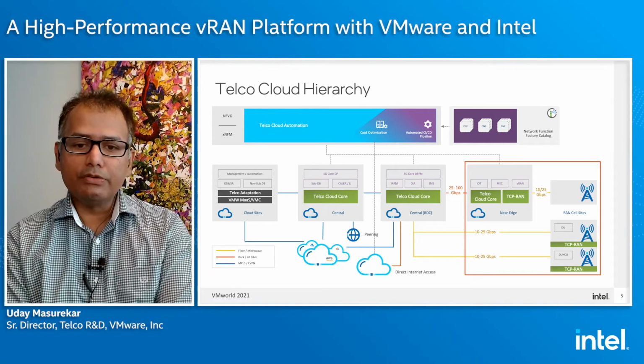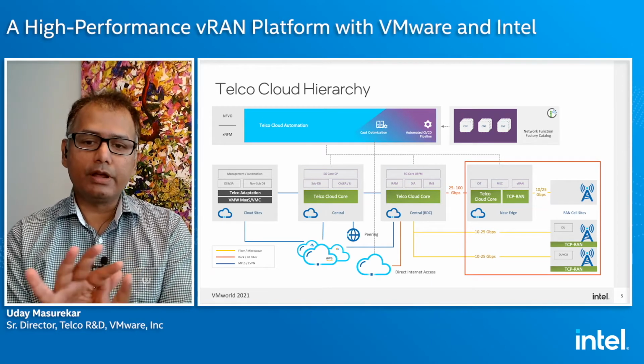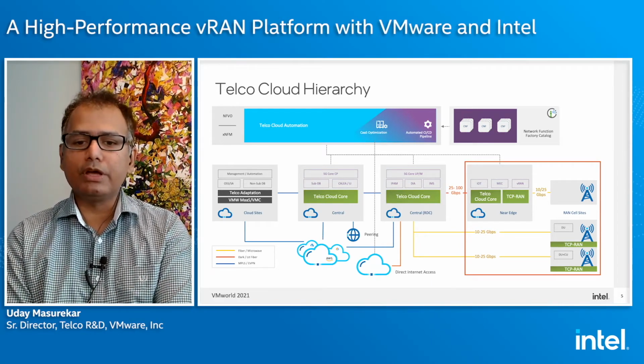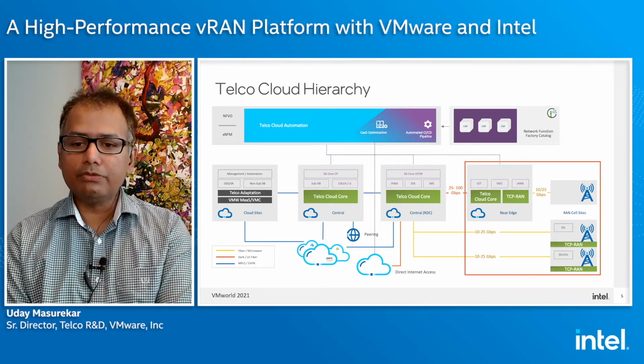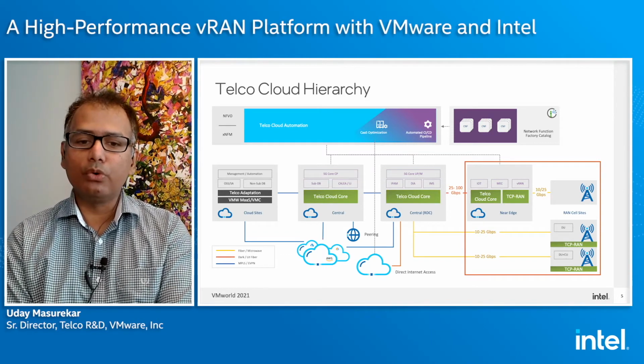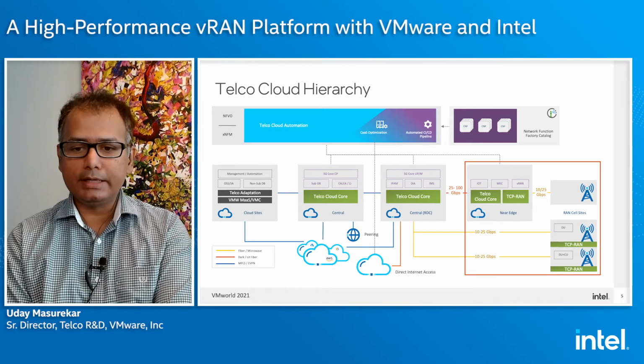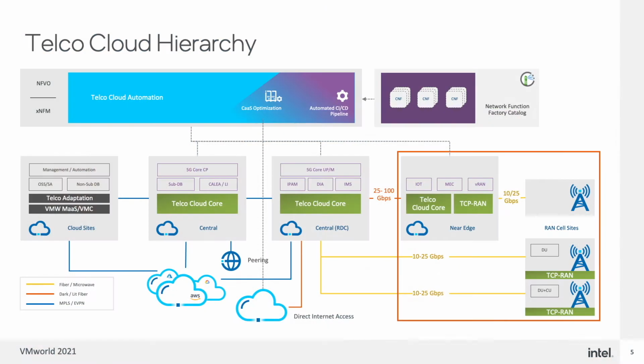Today's discussion, however, is going to be more on the rightmost side of this picture, where we'll be talking about some of the RAN components which are closer to cell sites, and these include the DUs and CUs as prescribed by the ORAN technology. These components, as against the other components, are very resource intensive.